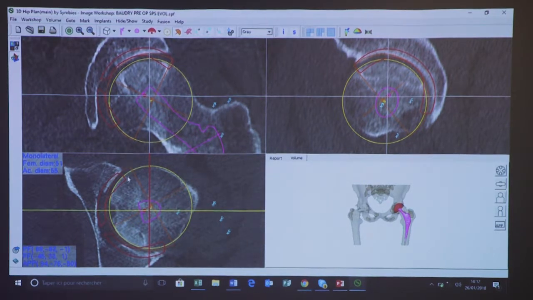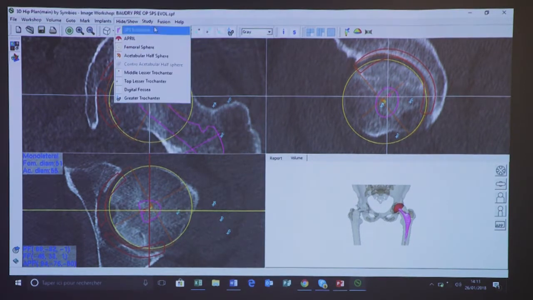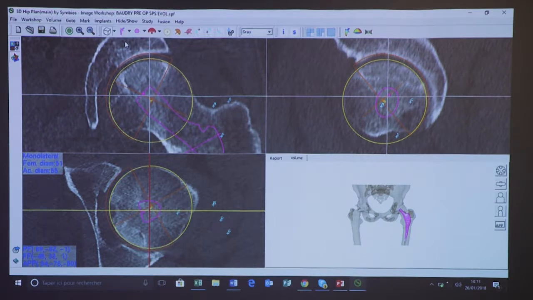It's exactly what we do when we navigate a hip, and we just use a trial cup, and we put it inside the acetabulum just to determine what would be the optimal size and what would be the center of rotation of the hip. We do the same thing, but with this. Okay, let's hide this.